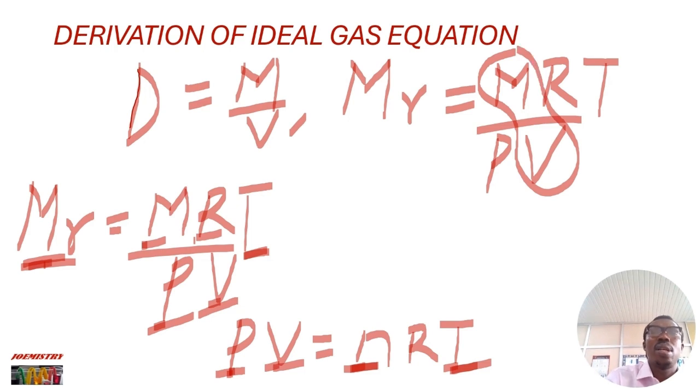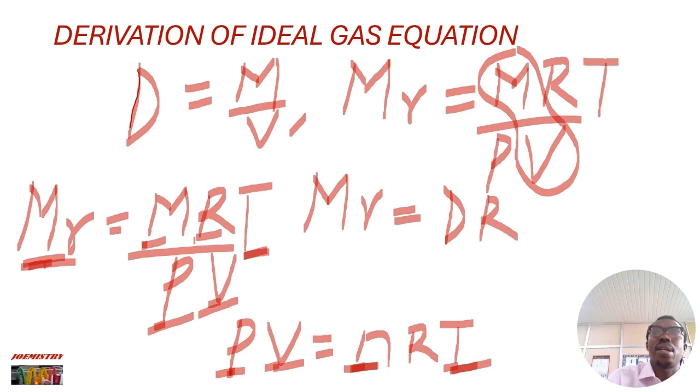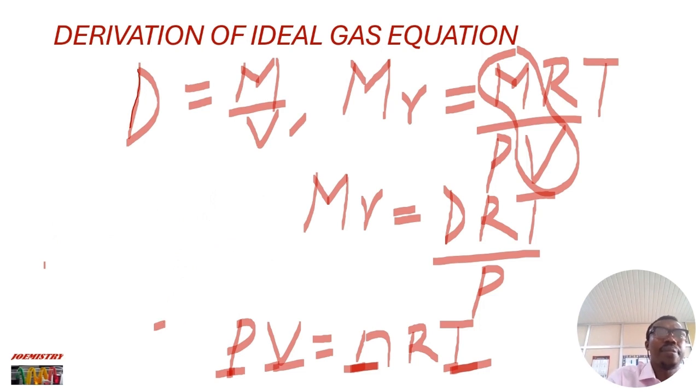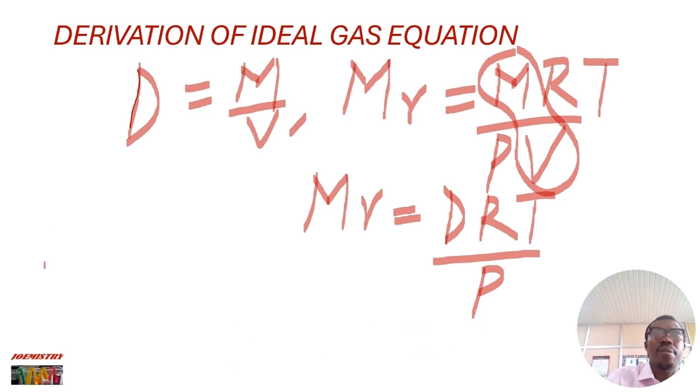If we substitute density here in place of mass over volume, then the molar mass now will be equal to density times the gas constant times temperature over the pressure. Let me erase this so that I'll have enough space to solve.